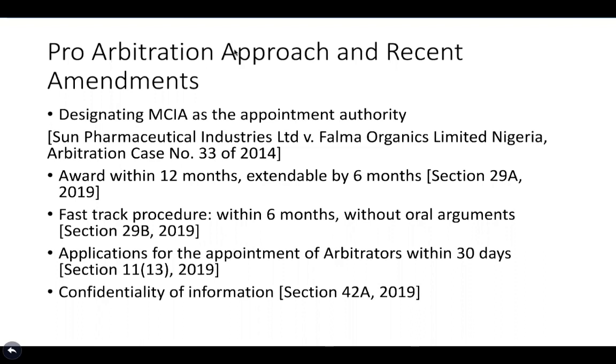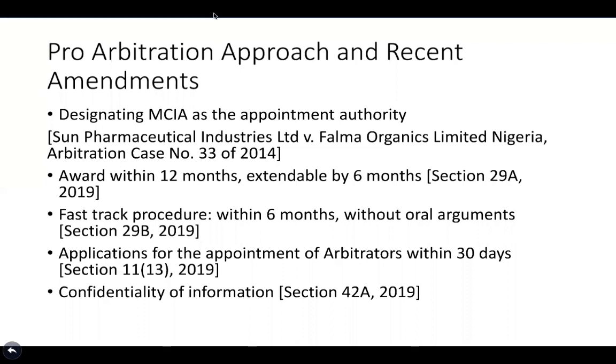And let's talk about the amendments in 2019. One of the amendments was reducing the time limit. Now the time limit is 12 months, which can be further extended by 6 months. The third point is fast track procedure. Even though the Indian Arbitration Act does not insert a provision for emergency arbitration, it actually provides for fast track procedure, which has a 6 months time limit, and it does not have oral arguments if the parties agree so.